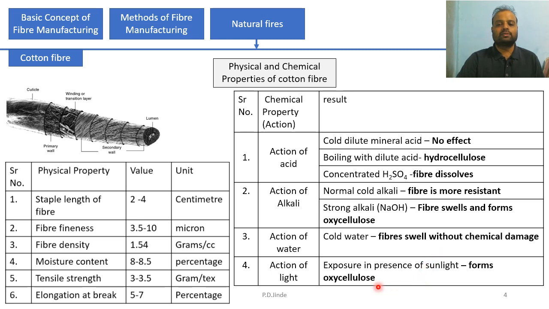So yes, if we place a cotton fiber under the sun for a long exposure time, then fiber starts degrading. So up till now we understood all about the physical property and chemical property. Let's look at the uses of cotton fiber in various areas.